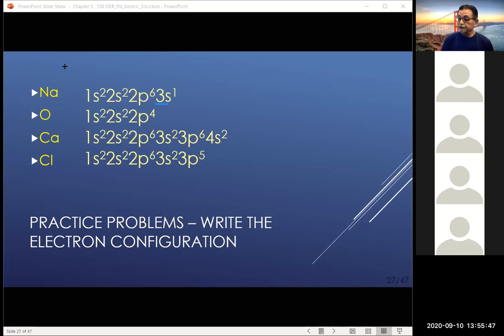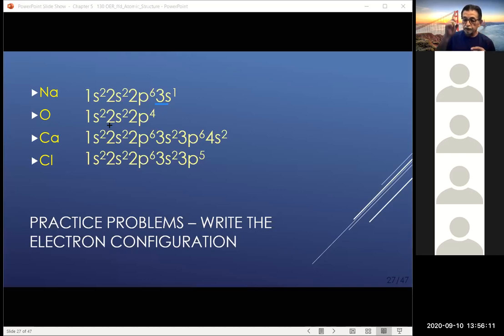Oxygen is in group 6, so there are 6 valence electrons. Its total electron configuration is denoted as 1s2, 2s2, 2p4. Now, when you write the orbitals, sometimes students would take 1s1 and then add another 1s2. No, just keep them together, all the s.